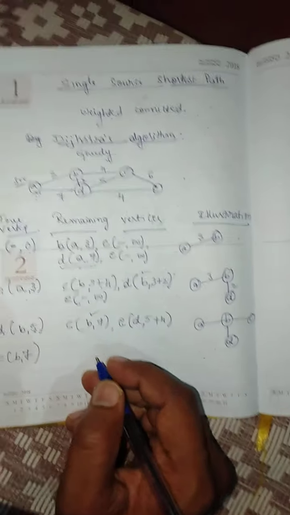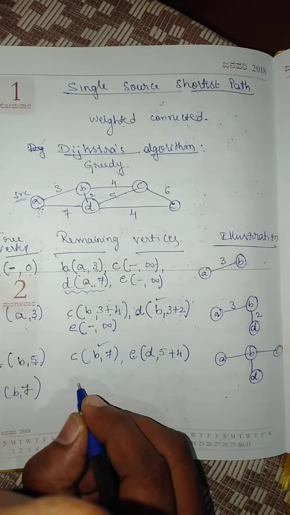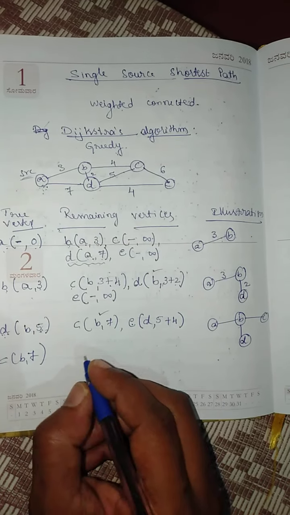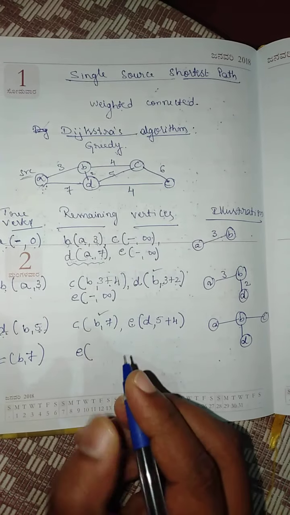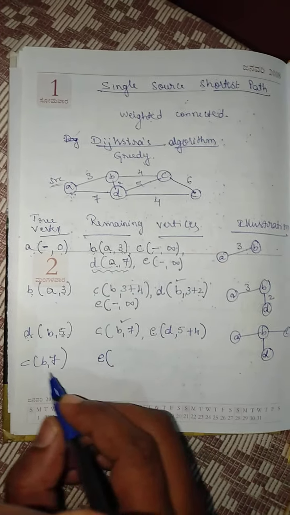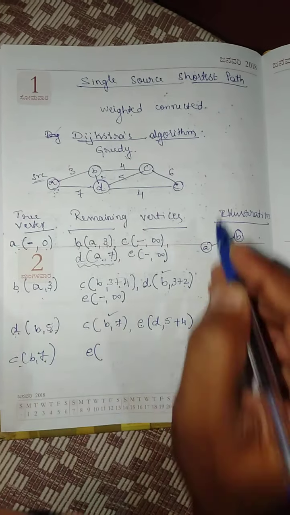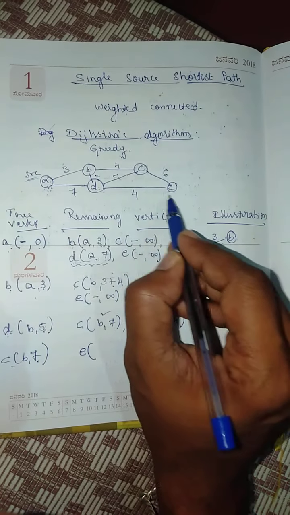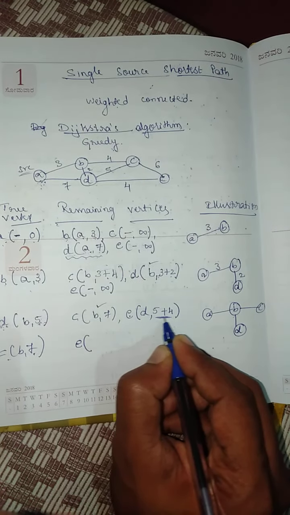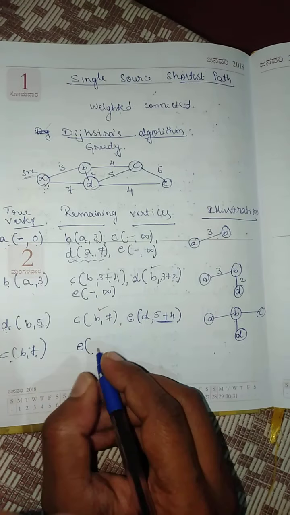Next, from C, yeah, the remaining vertex is E. E can be reached via C with a cost of 7 plus 6. How much? 13. However, we already have a cost of 9 which is lesser than 13.